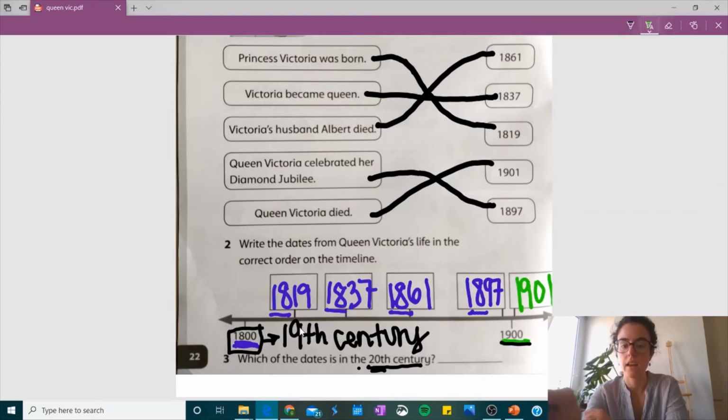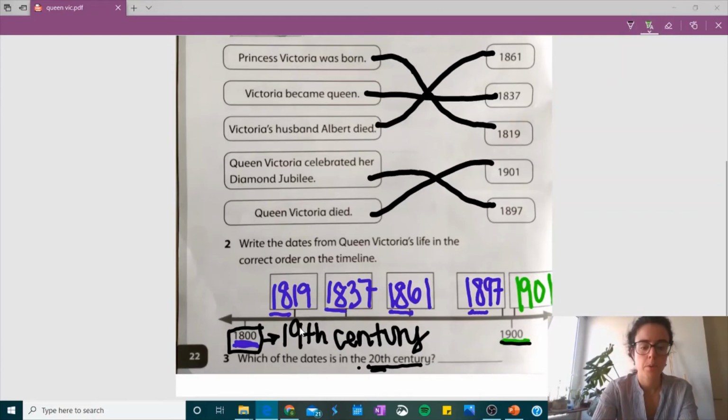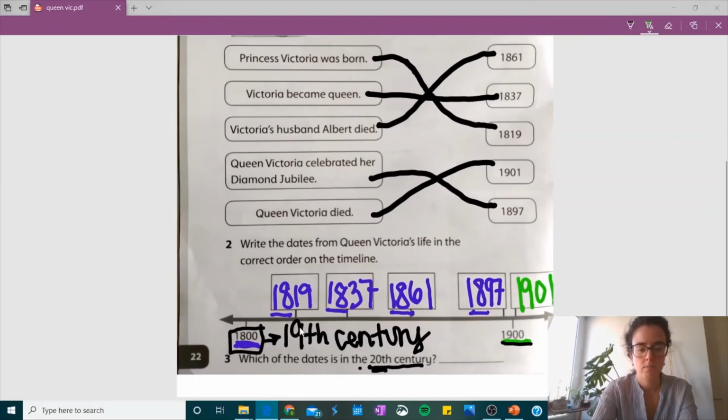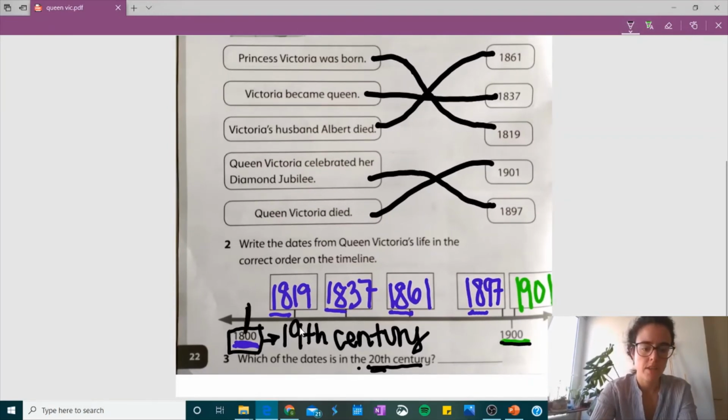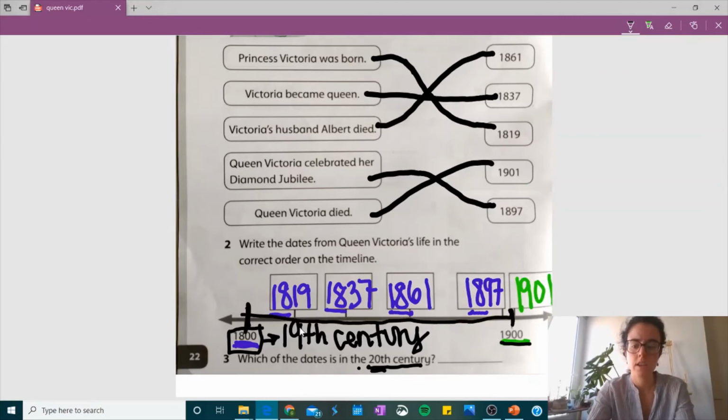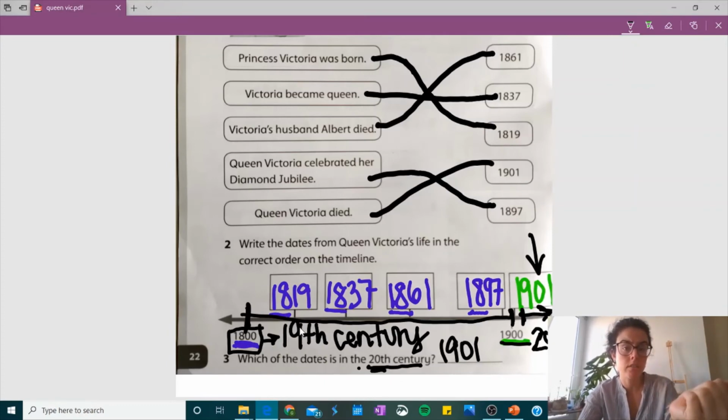Well, we know that from this point to this point, all of this is the 19th century, and from here on is the 20th. So that means that this date, 1901, is the only date in the 20th century.